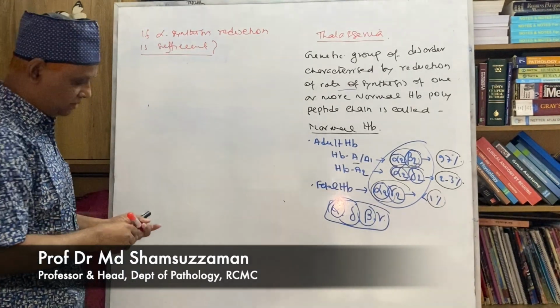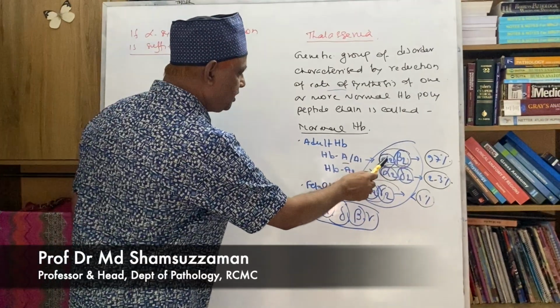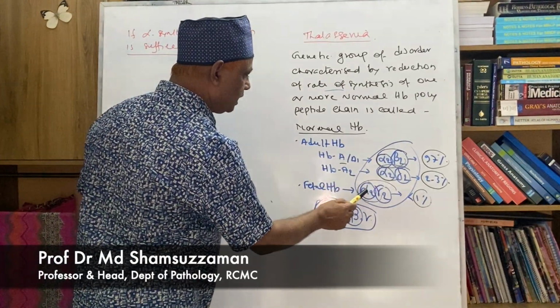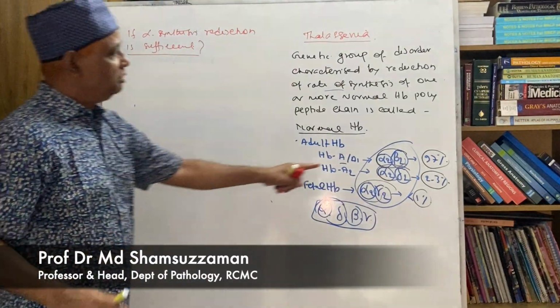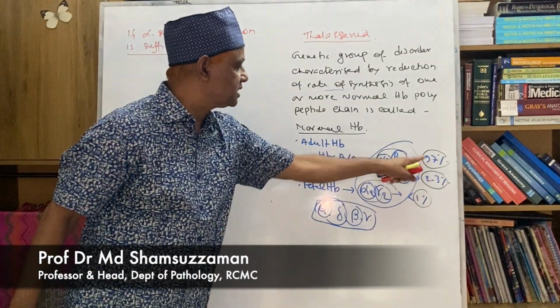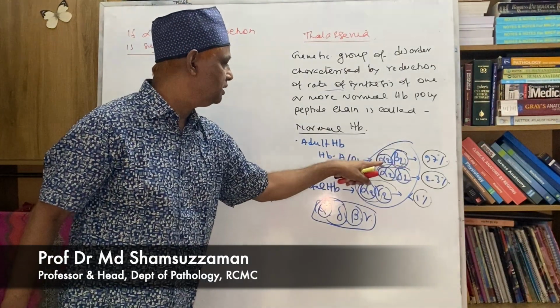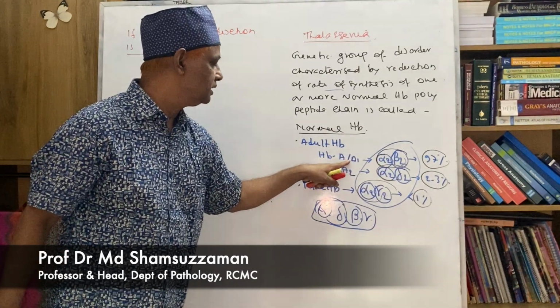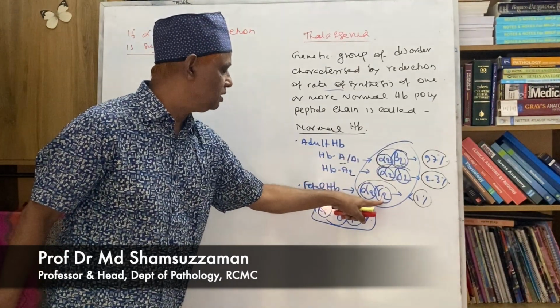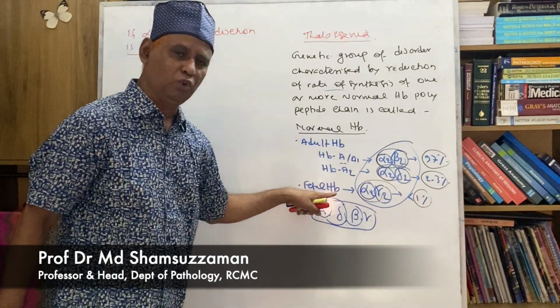What will happen there? Alpha is sufficiently reduced. In that case, the beta chain in case of 97% will not get any alpha if alpha is sufficiently reduced to produce hemoglobin A1, and gamma chain will not get sufficient alpha to produce fetal hemoglobin.